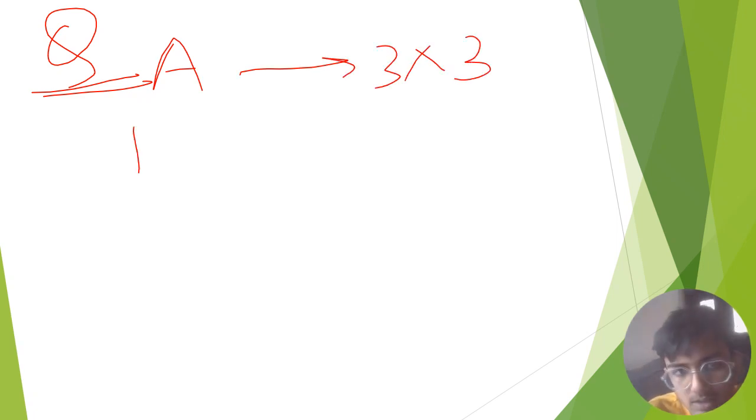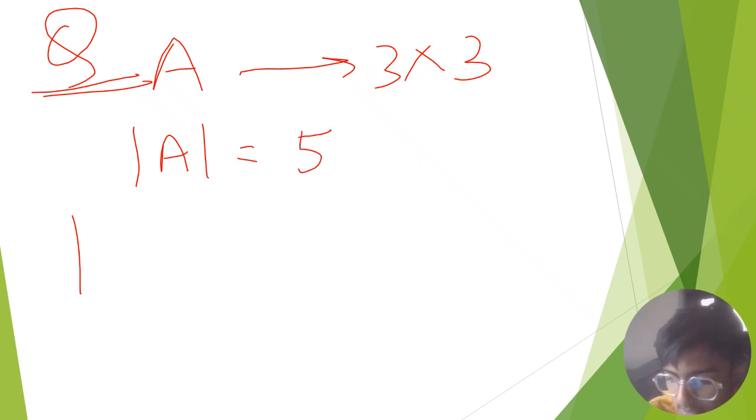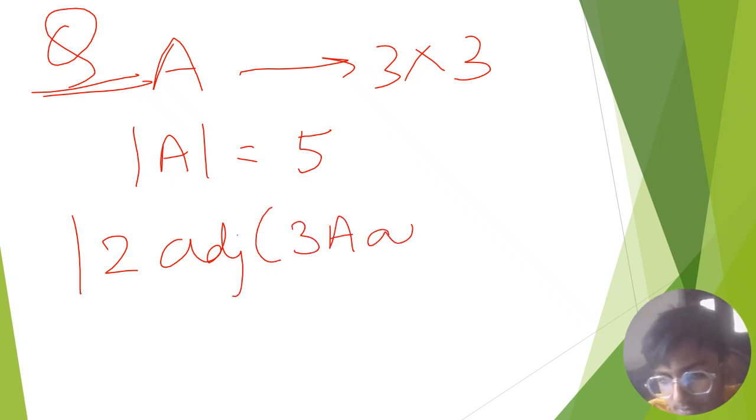We have been given a matrix A of 3 cross 3 order, and the determinant of A is given as 5, and the quantity we have to calculate is the determinant of 2 adjoint of 3A adjoint of 2A, as I'm writing.